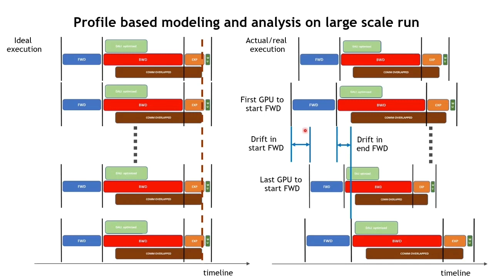We define the drift at each edge of an execution stage for a given training step as the delay between the latest GPU to reach that execution point and the earliest GPU to reach that execution point across all the GPUs involved in the run at scale. Any imbalance, any glitch, any delay at any stage will be reflected in the drift metric.